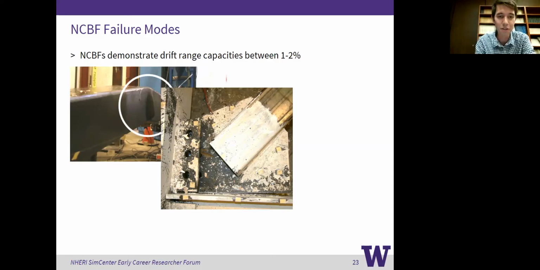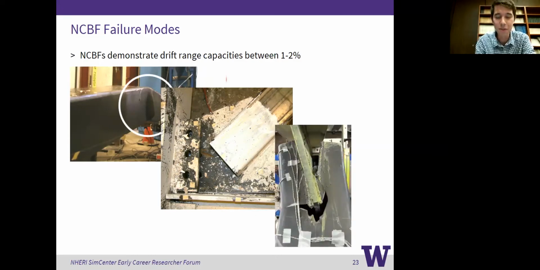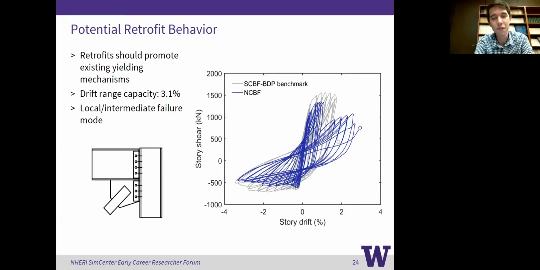You might also see the brace to gusset plate connection fracture due to net section rupture or potentially weld rupture. All of these, under pretty typical demand to capacity ratios that we saw in the infrastructure review, had a drift range capacity between 1 and 2%, which is really unacceptable. So for the most part, we think that you should be retrofitting these frames.